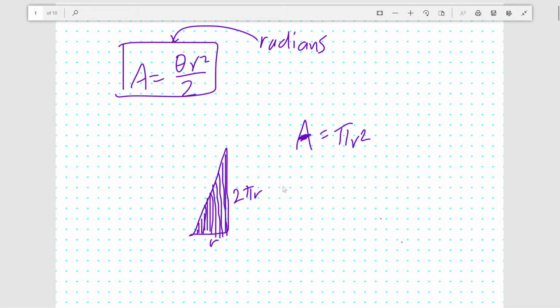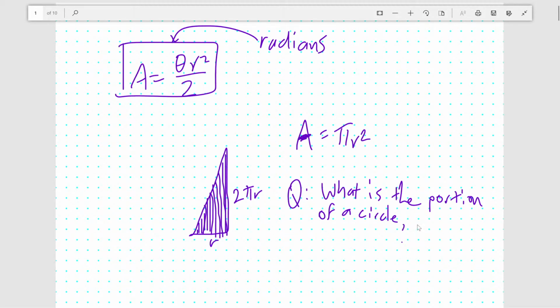Now, say we want to find what portion of a circle is from the angle theta. So, what is the portion of a circle from angle theta?